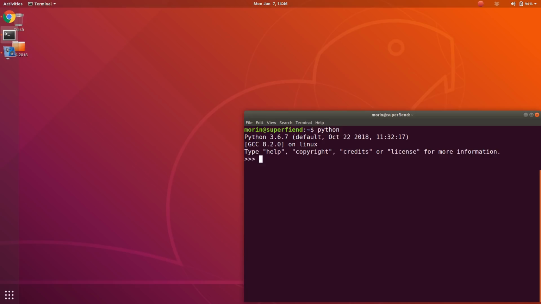This is a big advantage of interpreted languages like this. There's this interactive mode in which, if we're not sure what something does in Python or how to do something, we can fire up this interpreter, enter some piece of code and see what it does. So for example, here's a piece of Python code, 2 plus 4. Press enter, and it tells me what 2 plus 4 evaluates to, 6. Okay.